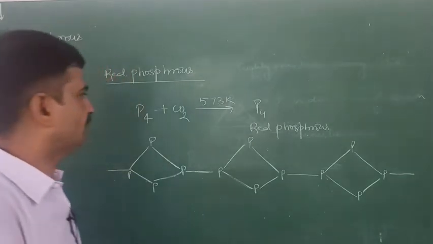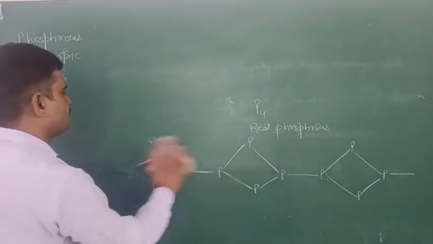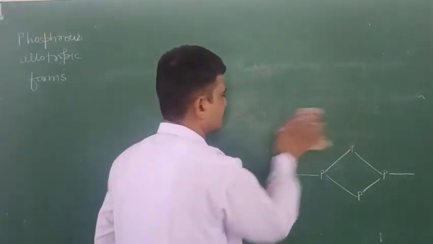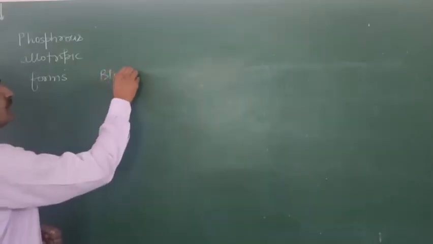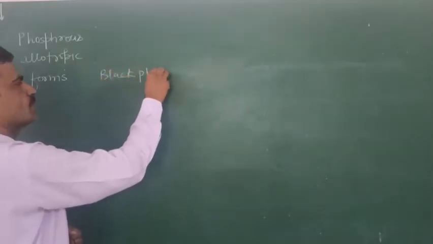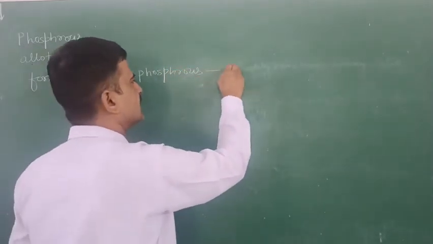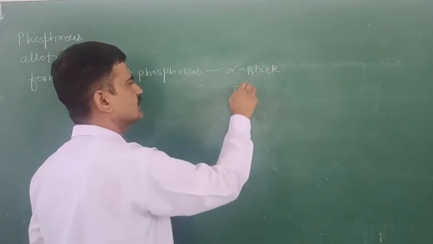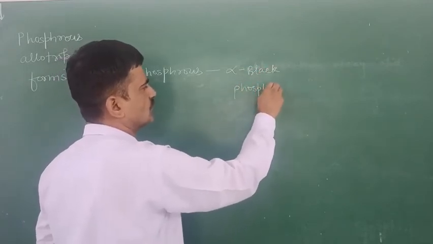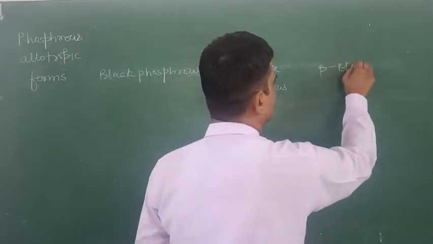Now the third type of allotrope of phosphorus is known as black phosphorus. Black phosphorus has two types: alpha black phosphorus and beta black phosphorus.